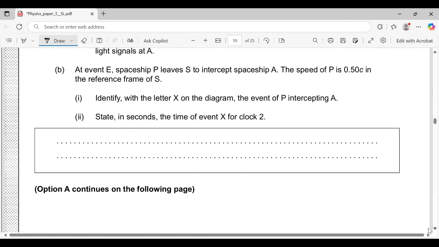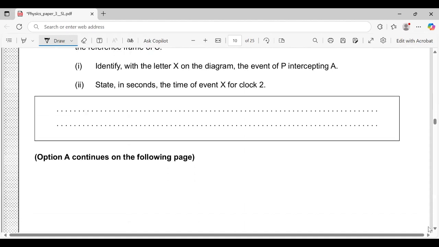State in seconds the time of event X for clock 2. Okay. So 8 kilometers I will convert to meters: 8,000 meters. So T equals S over C, or 8,000 meters over 3 times 10 power 8.